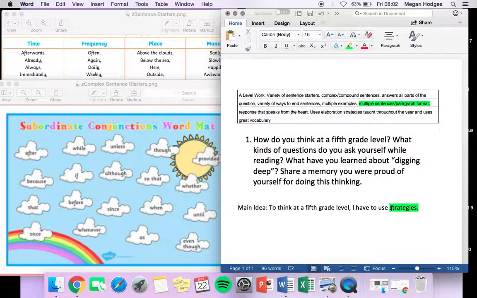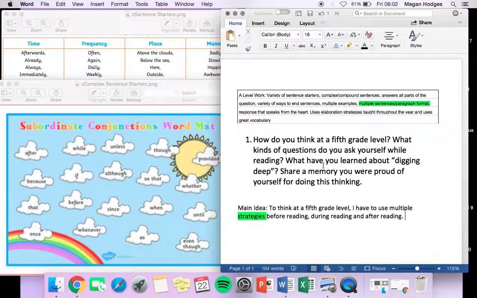So to think at a fifth grade level, I have to use multiple strategies before reading, during reading, and after reading. That's just something that I remember, and it's something I can add in my writing to make it even longer.